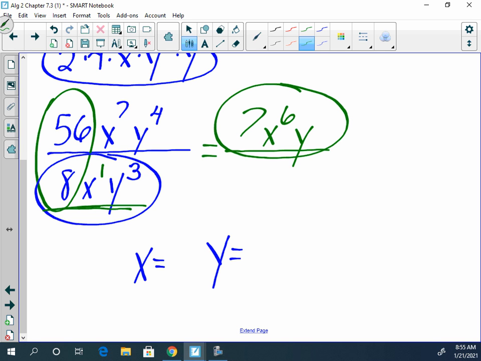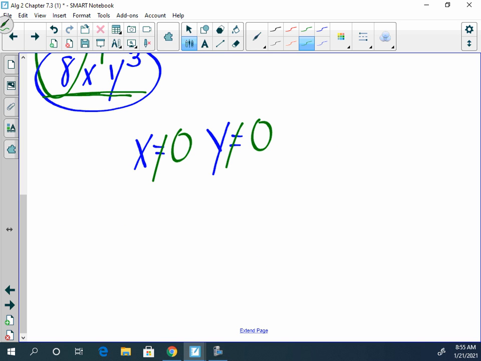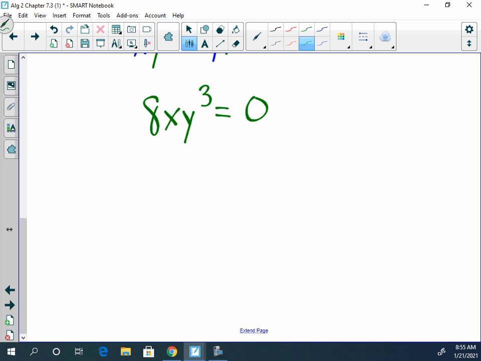If there's more than one thing multiplied together and they equal 0, one of them has to be 0, yes? So if there's nothing really added or subtracted, it works out that these cannot be 0. Because here what we're really looking at is 8xy cubed equals 0. Well, really we can divide both sides by 8, telling us xy cubed is equal to 0.